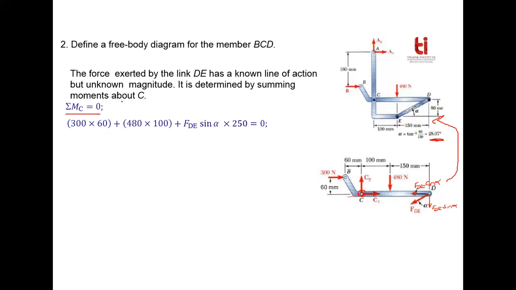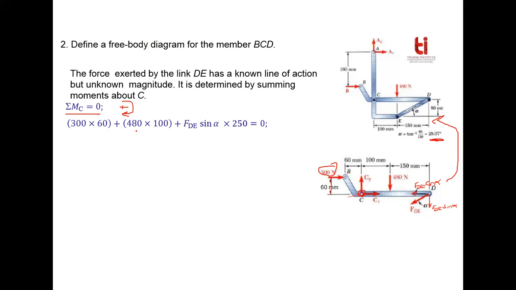Moment about C. We are considering clockwise moment as positive. So this 300 Newton is applying a moment of 300 Newton into its perpendicular distance, which is 60 meters. So 300 into 60.